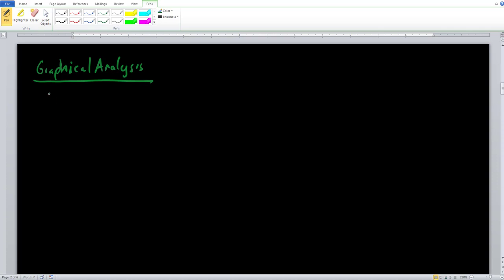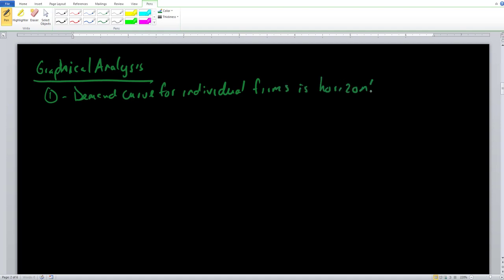So point number one with this graphical analysis for that firm working under perfect competition, we notice that the demand curve for individual firms is horizontal. So once again, it's perfectly elastic in this case.